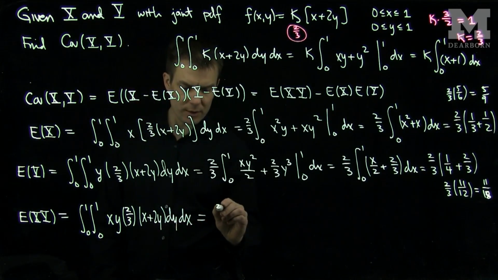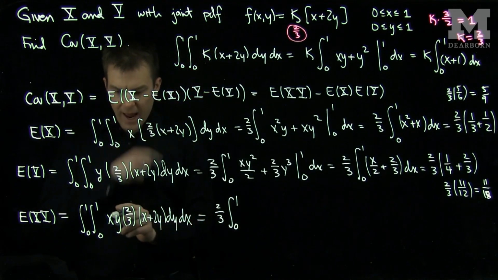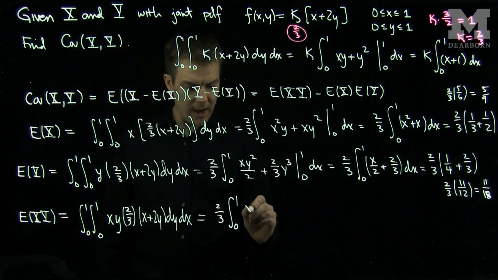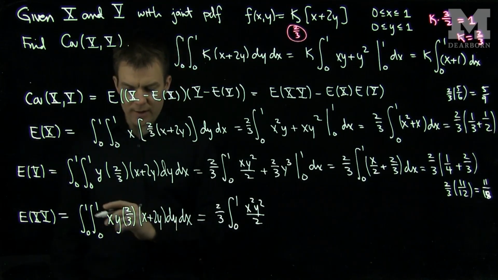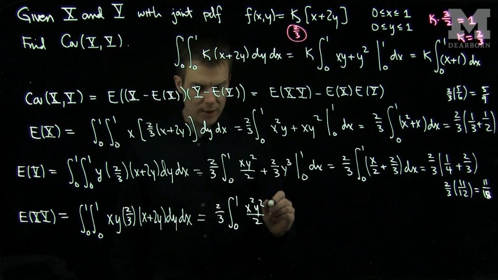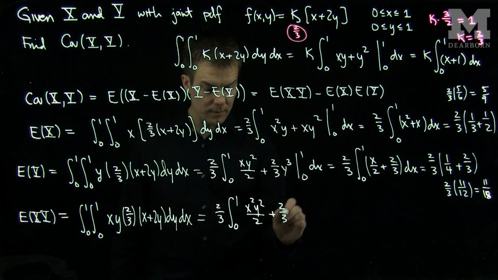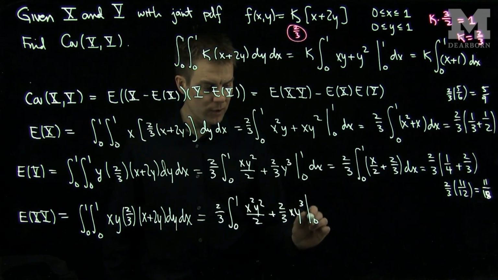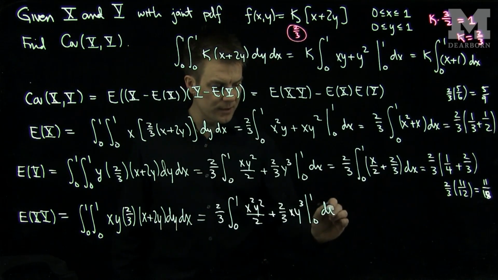So this will be 2/3, the integral from 0 to 1. And then I have an x squared y with respect to y. So that'll be x squared y squared over 2. Then I have xy times 2y. So that will be a 2/3. Then I'll have an x and a y cubed. y goes between 0 and 1. Then I'll have a dx.